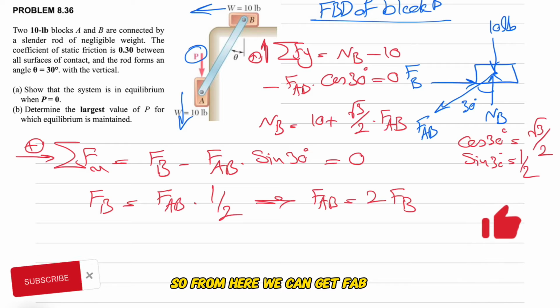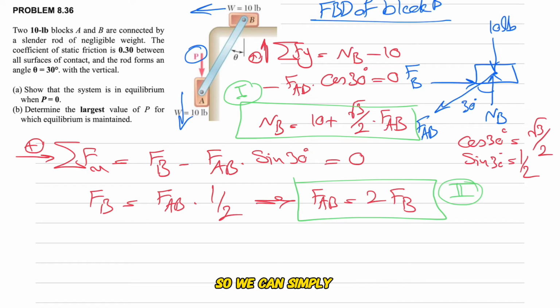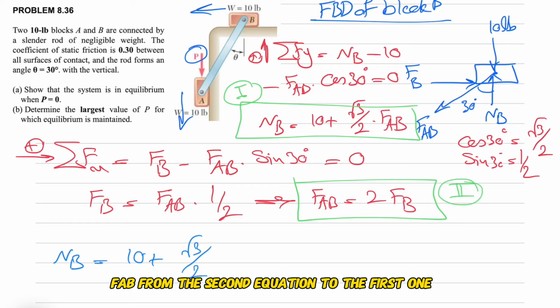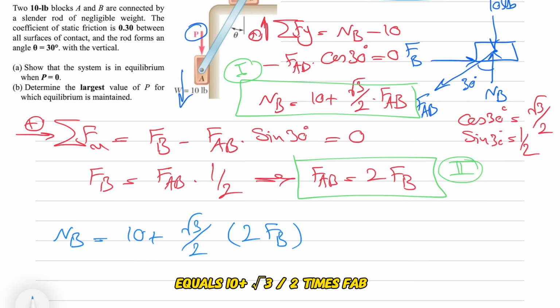From here we get FAB equals 2FB. We can plug FAB from the second equation into the first one: NB equals 10 plus square root of 3 divided by 2 times FAB, which is 2FB.